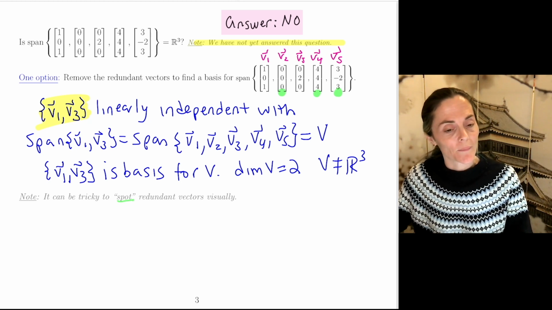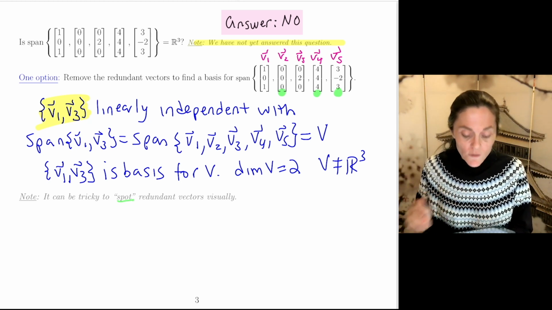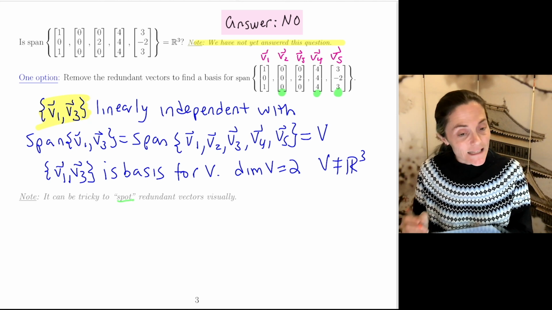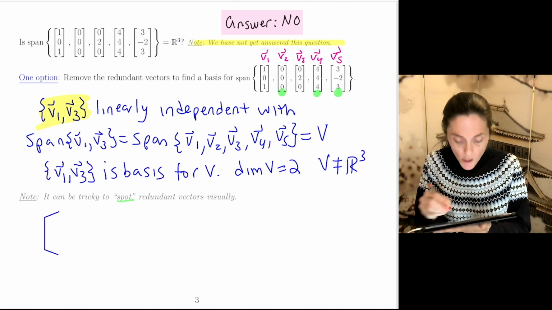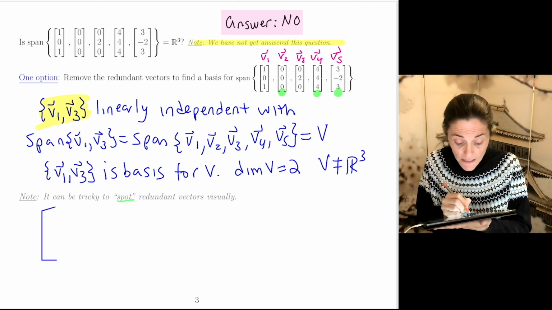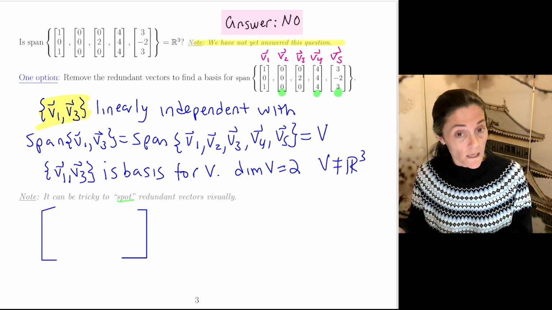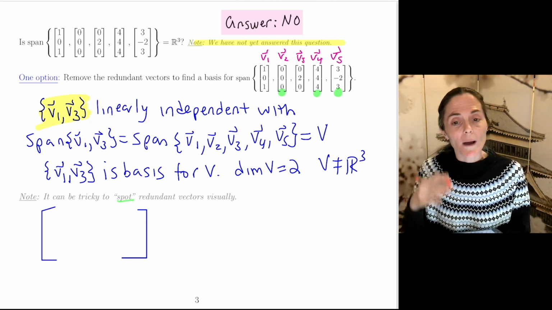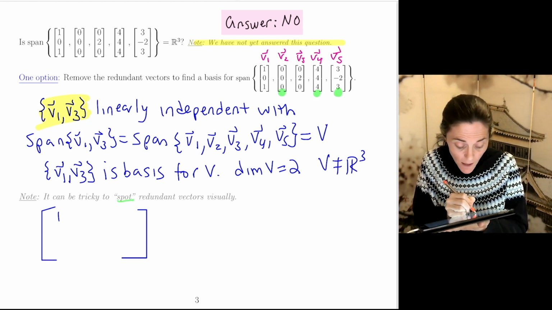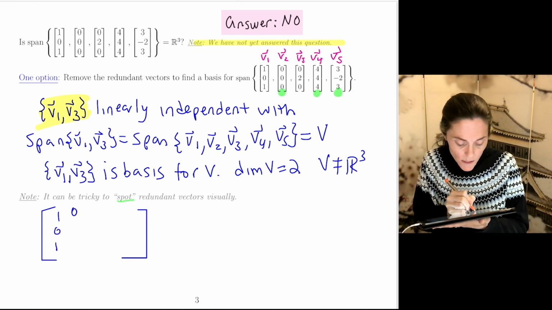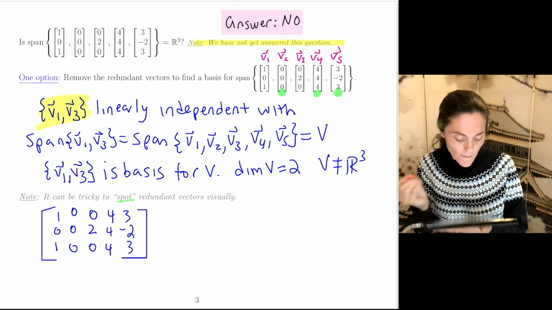We could spot them. So another way that you could do this, and we did this example in class, is you could figure out that the dimension of this subspace V is 2 by putting these vectors in columns as columns of a matrix. So let's do this. Okay.